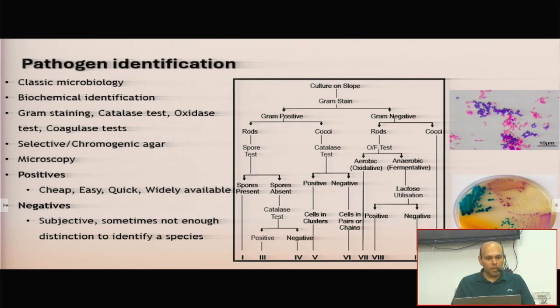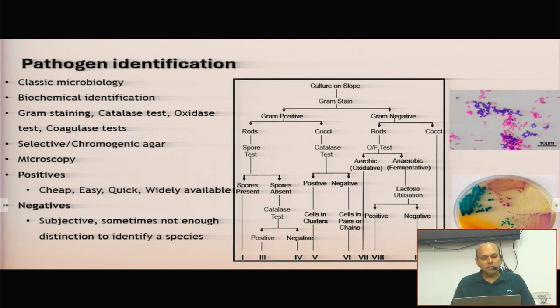So we all know microscopy is very cheap and easy. Everyone does gram staining. Gram staining was invented in the 1800s. It is one of the classic methods that is still used even in the UK. I'm pretty sure in India as well. It is never going to go out of date.